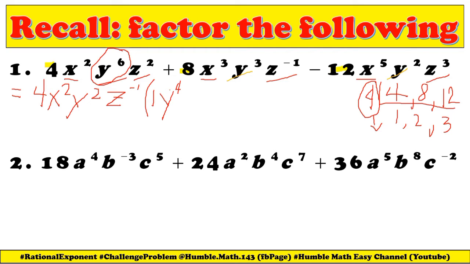We have to divide y to the 6 over y squared, so we subtract 6 minus 2 for the exponent, since the exponent of the numerator is bigger than the exponent of the denominator. So 6 minus 2 is 4. What is remaining now for the y variable is y to the 4.